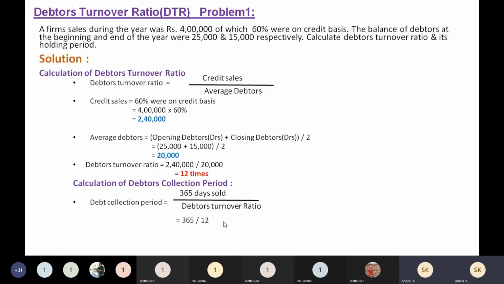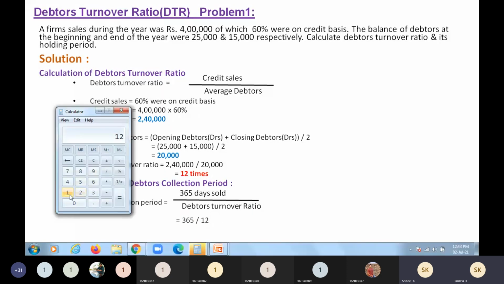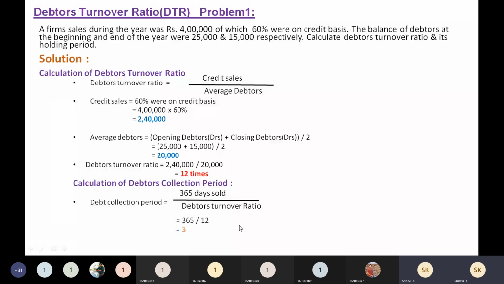So 365 divided by 12. How much did we get? 30.41 days. I wrote here 30.4 days. Okay. So no problem. So these many days are required to collect the amount from the customers whenever you allow them credit.